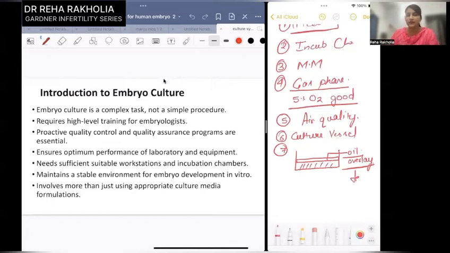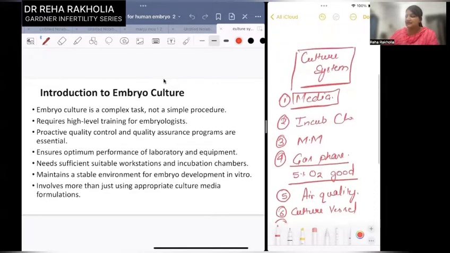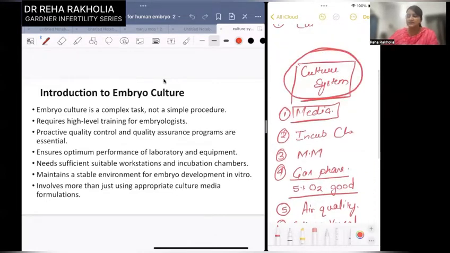We apply oil overlay, and it also prevents the osmolarity from increasing. Eighth is embryologists themselves. These 8 things make up the culture system.